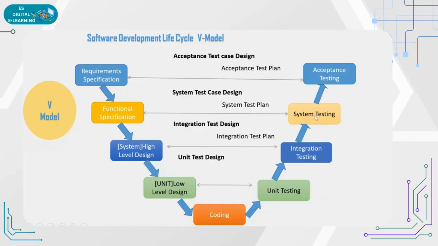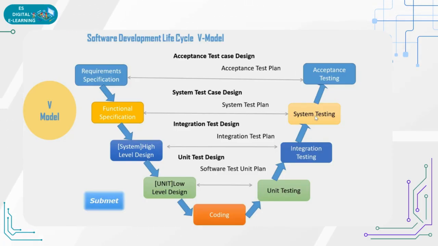So that will be done by the system level testing. Similarly in unit testing, they will design the test case and do the testing at unit level. Suppose in the document, you need to give the submit button, but there is wrong information. They need to verify from the documentation side whether the implementation they are doing is correct or not. Here if you click the button it won't work.